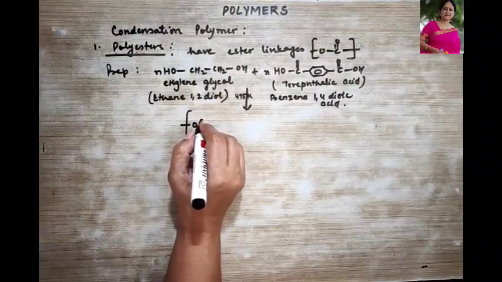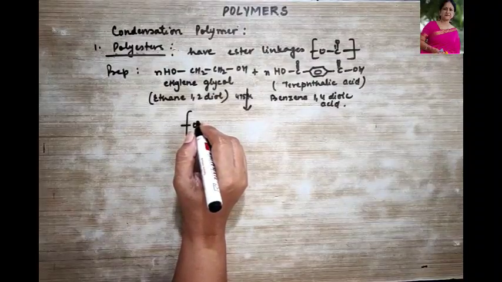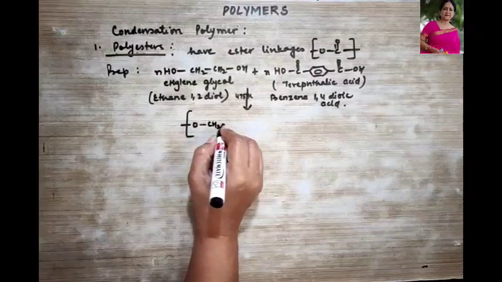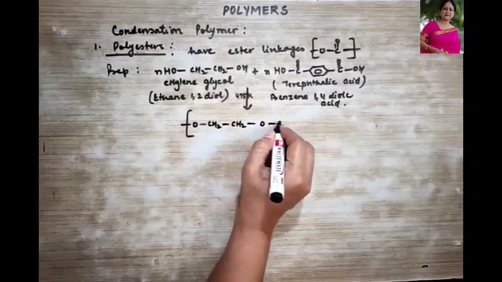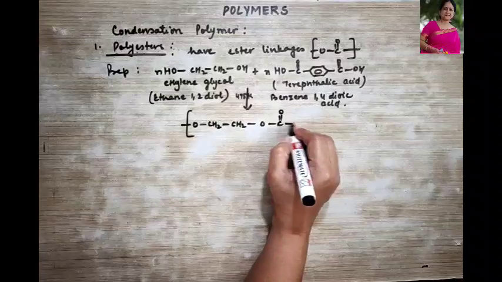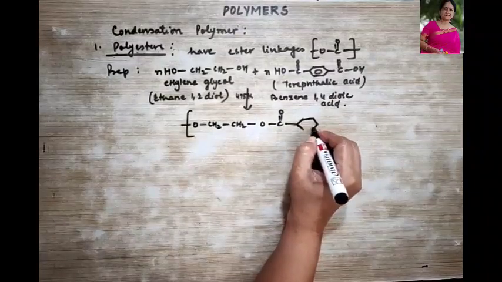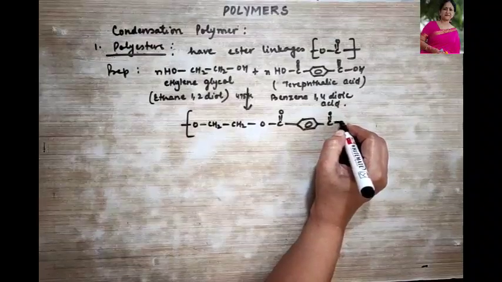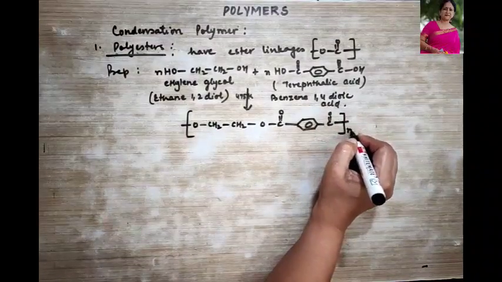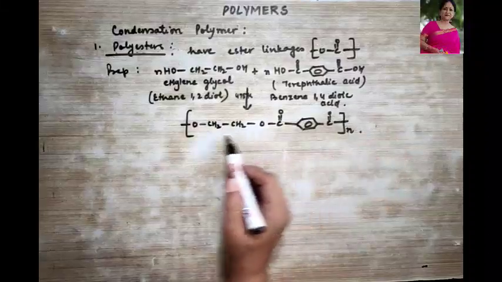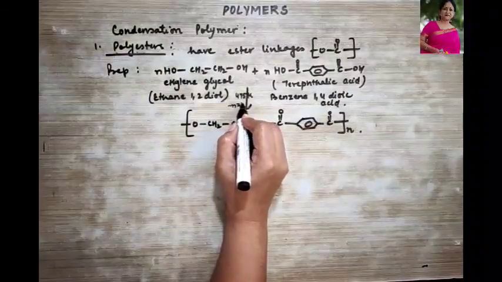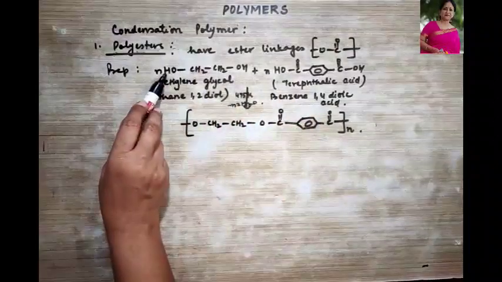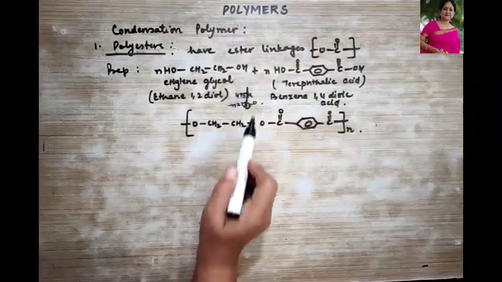So let's see what the polyester is. O, CH2, CH2, O, C double bond O. Now you may see over here that 2 molecules of water have been removed: H from here and OH from here.